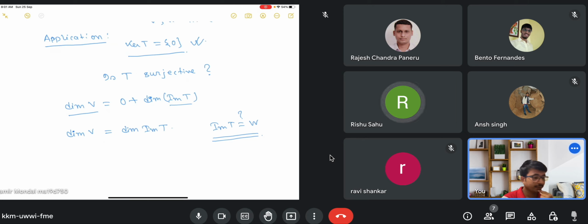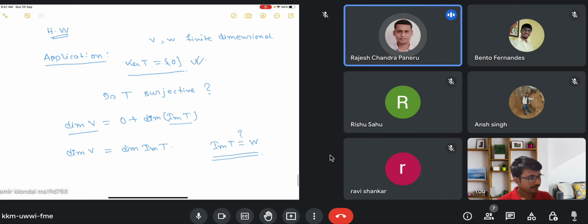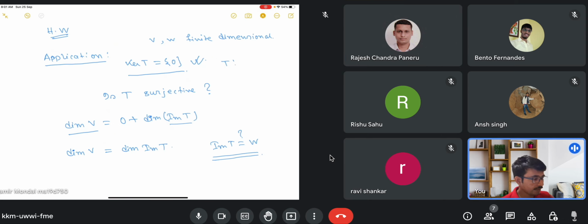It might be surjective, but are you sure? Yes sir, if it is a finite dimensional vector space, then this will hold. Your T is from V to W.